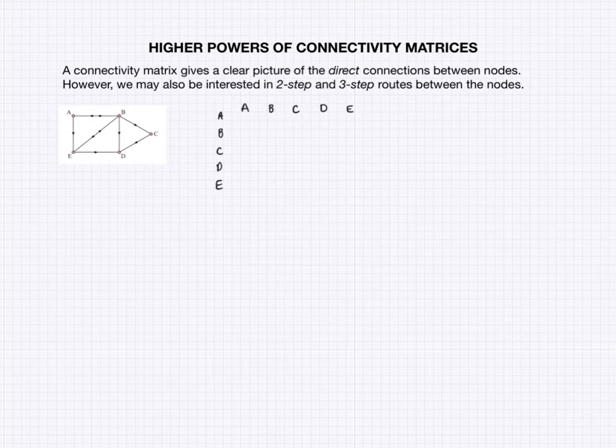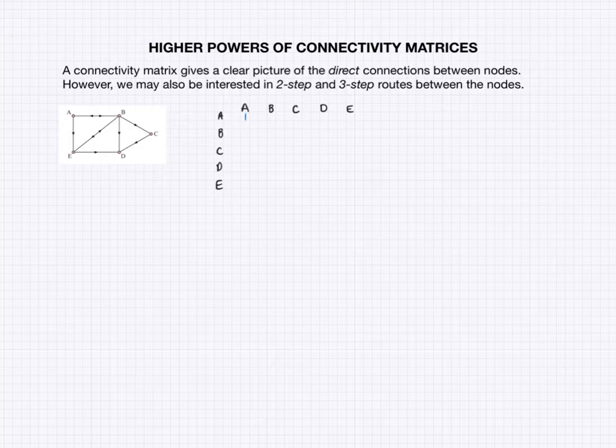If I look at the node of A, if I go from A to A, I can go across to B, which is one edge, and then return back to A, which gives me that two-step. So that would give me 1 there.